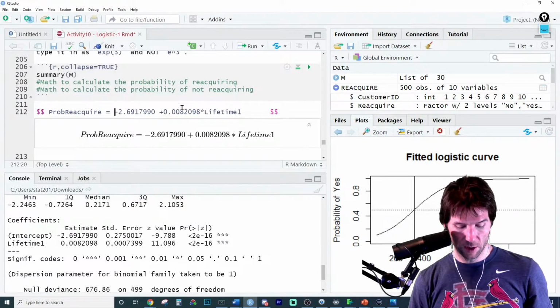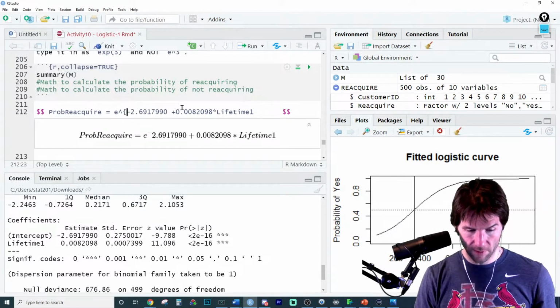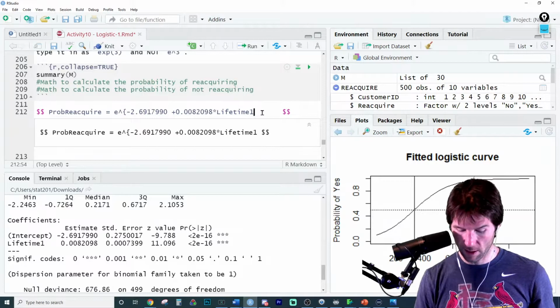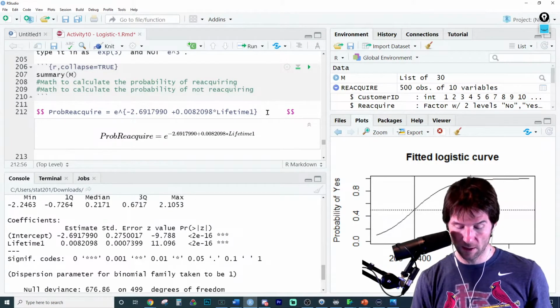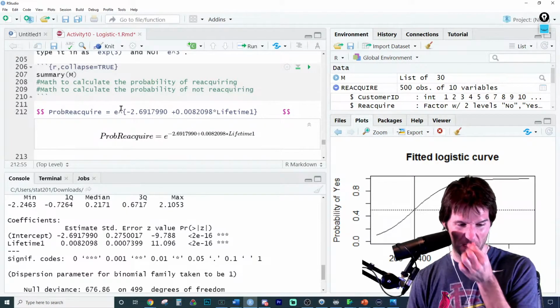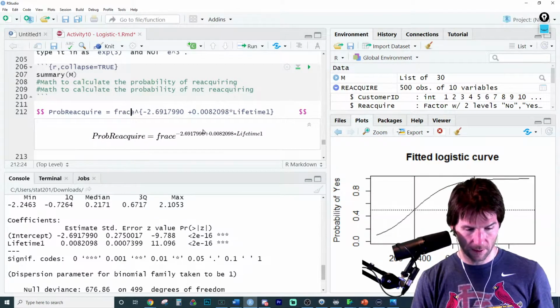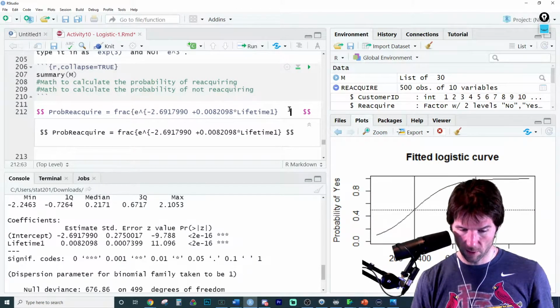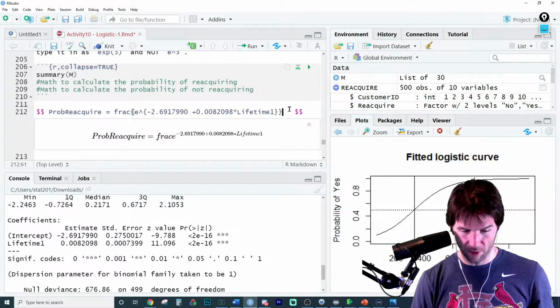We're literally just taking this equation going e, and I think if I do the brackets, I don't do a lot of LaTeX writing. Oh, there we go. E raised to the, and then it's frac, F-R-A-C. I'm trying to make it look all pretty.